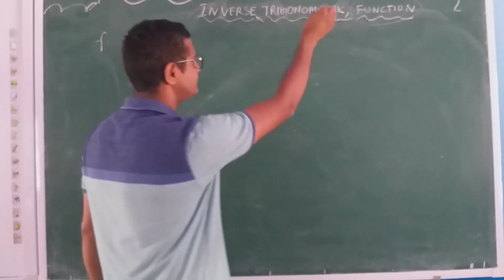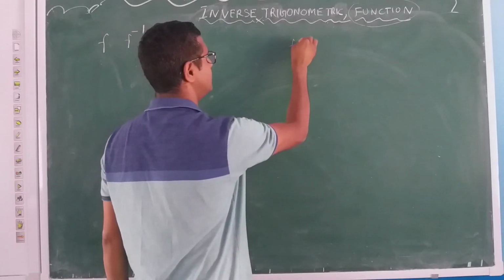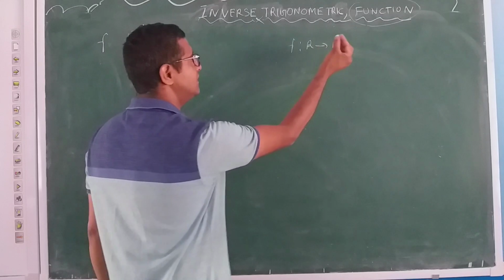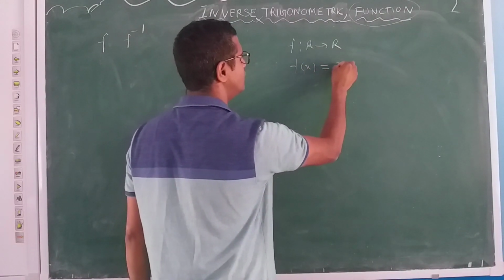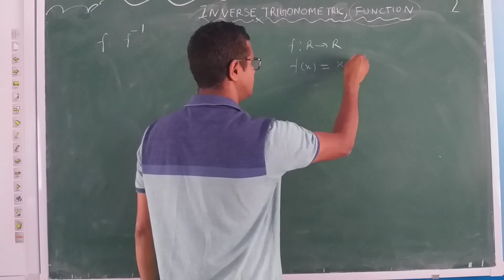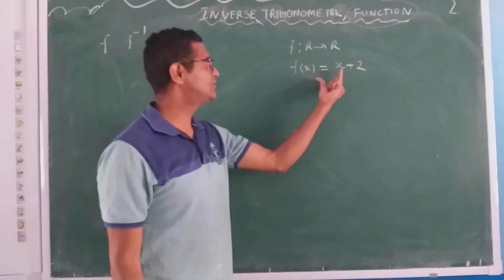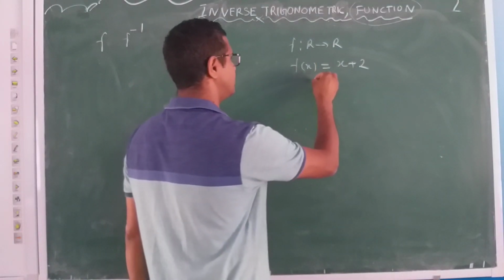I have a function f from R to R, real numbers to real numbers. This function is defined by f(x) equal to x plus 2. It is your choice; let us suppose you choose f(x) equal to x plus 2.